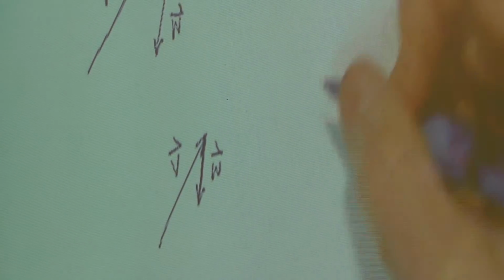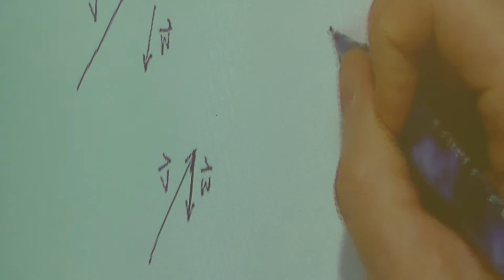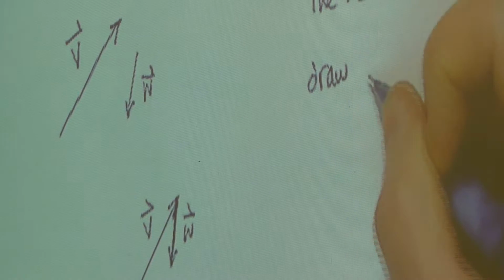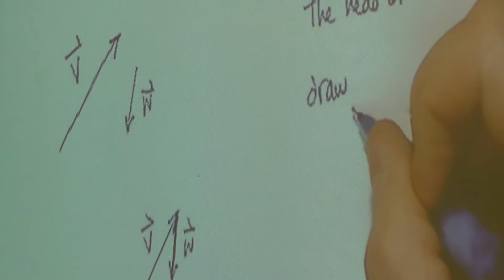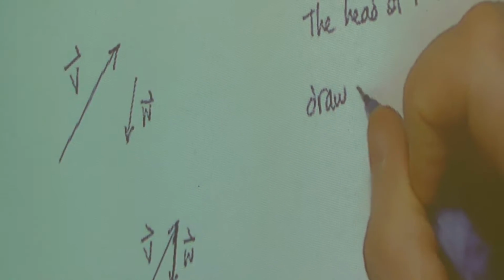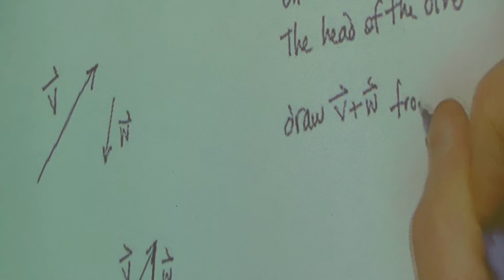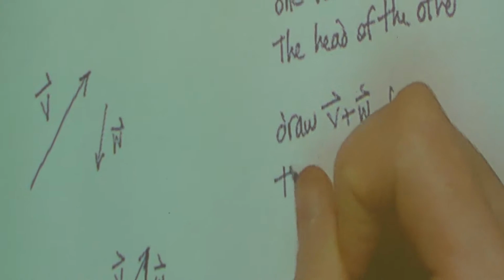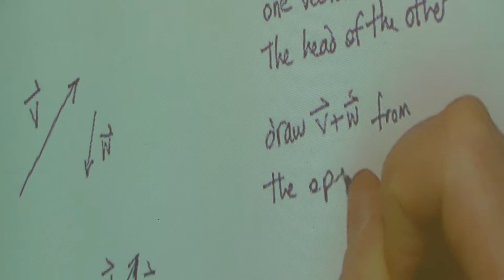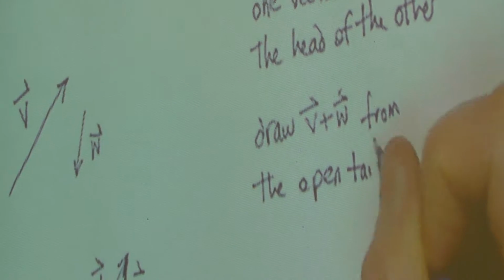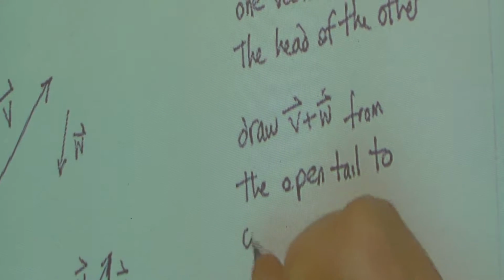And then my result is going to be drawing the vector from the open tail to the open head.